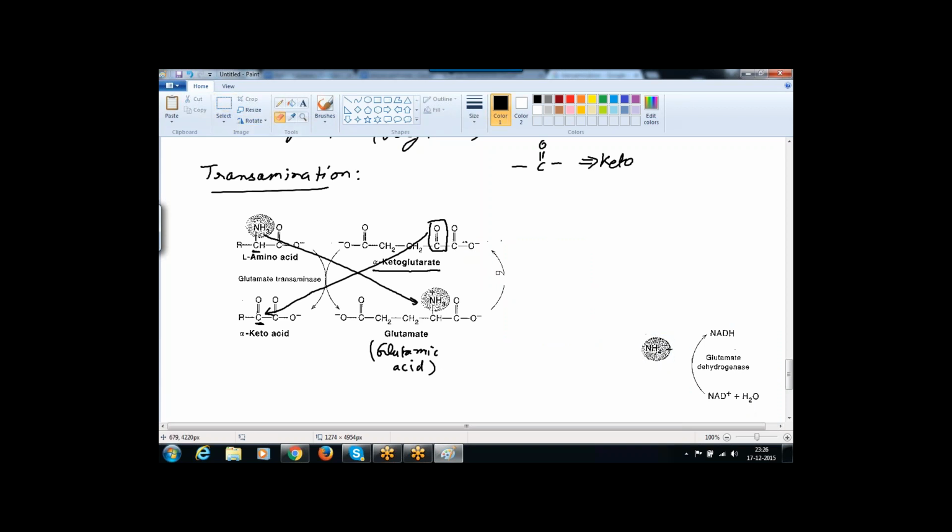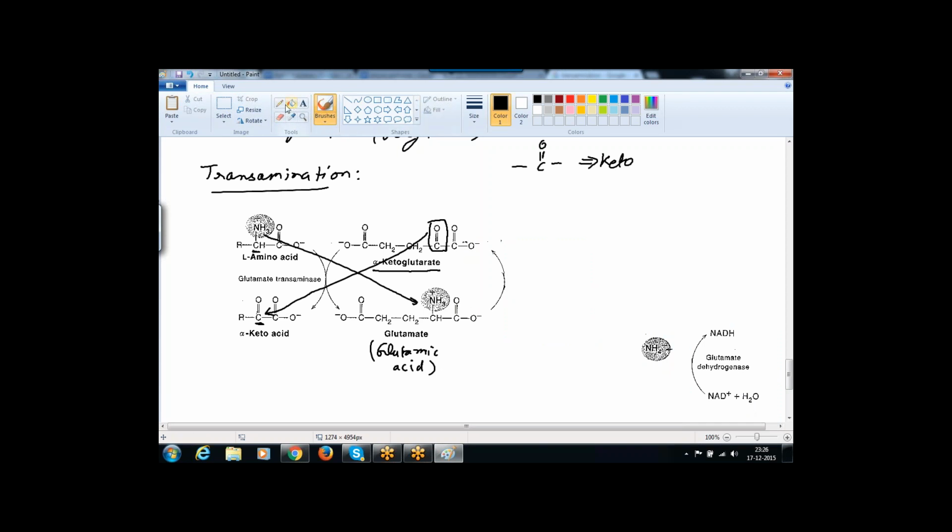So next what happens here is, now this glutamate also wants to get rid of the amino group. It cannot leave the amino group as such. Ammonia will form, that is toxic.